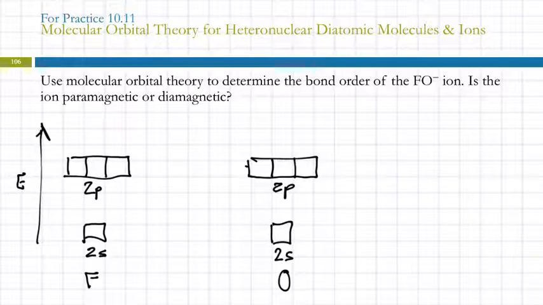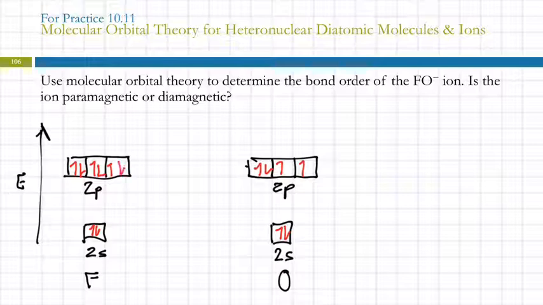So when I put electrons in here, oxygen has 6 valence electrons. 1, 2, 3, 4, 5, 6. Fluorine has 7. 1, 2, 3, 4, 5, 6, 7. And we need an extra electron.